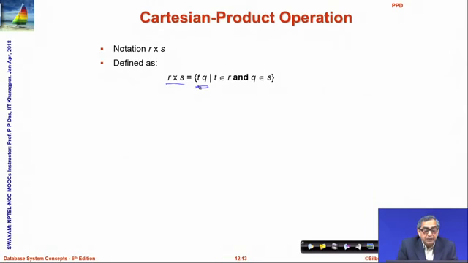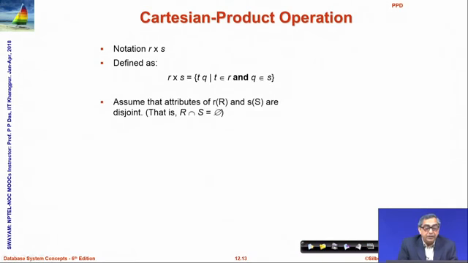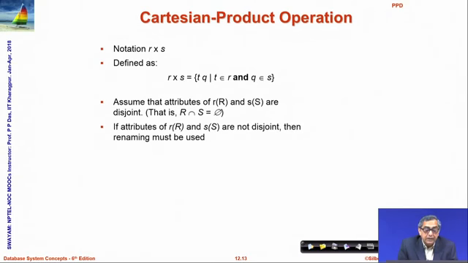So, t is a tuple from R, q is a tuple from S, and we put them side by side to get a tq row in the Cartesian product R cross S, which basically means that you compute all possible combinations of tuples from R and S. It is assumed that the attributes of R and S are disjoint, that is, the schema of R intersection the schema of S is null.